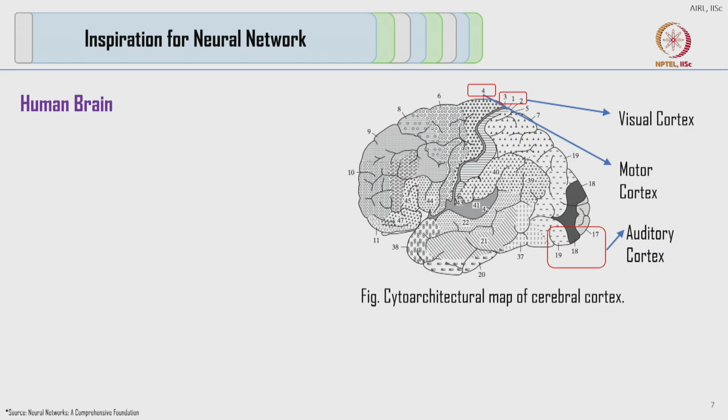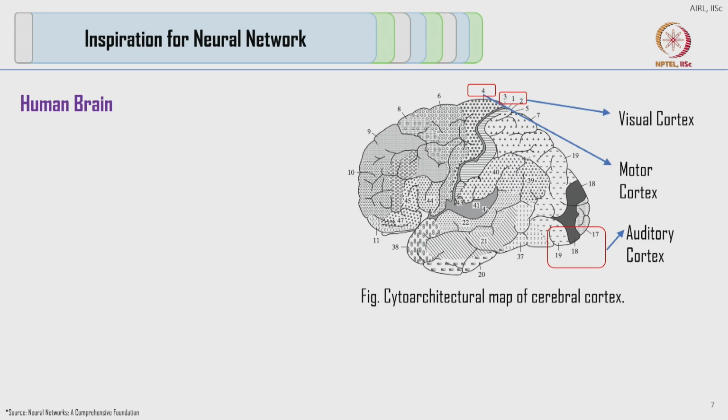Your auditory cortex processes the sound signal. Your visual cortex processes the visual signal coming from the eye. Your motor cortex provides an actuation signal to your muscles to perform something, right. And these complex brains are highly interconnected.